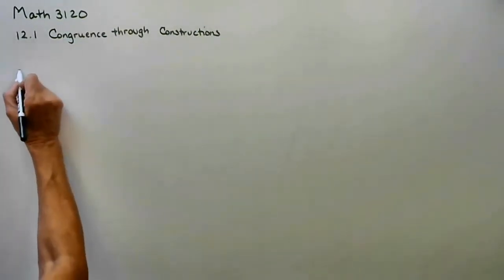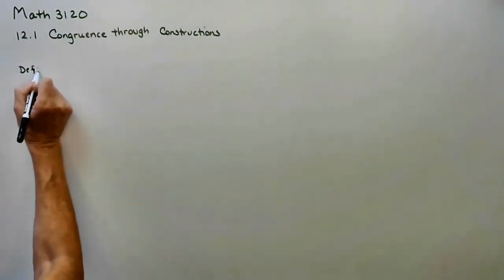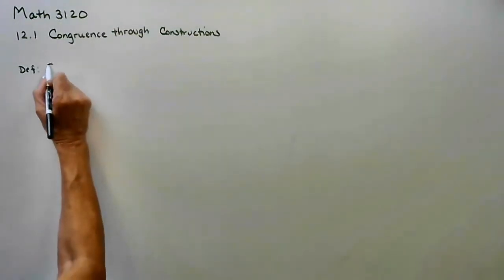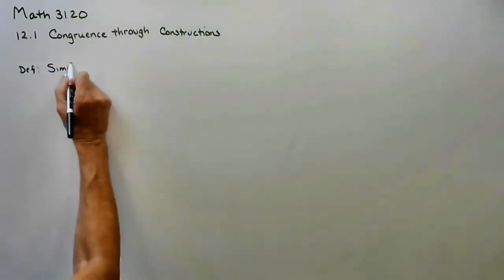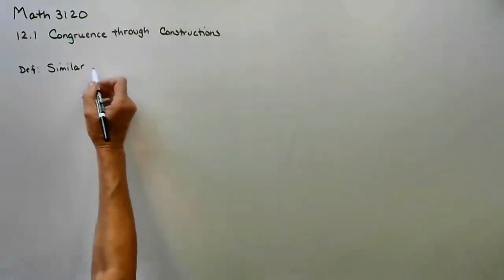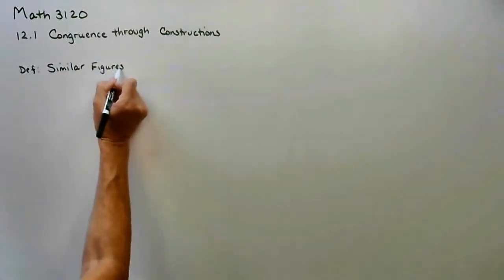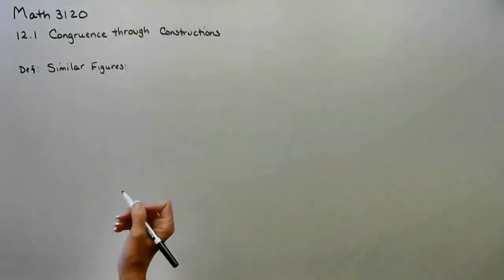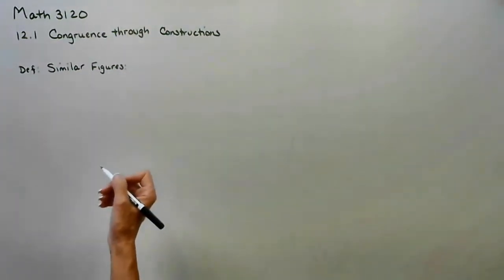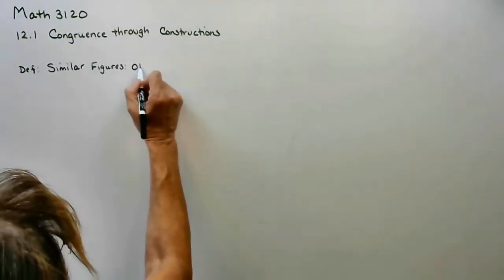when we take a look, two different definitions I want to start off with. The definition of similar, meaning like similar figures, okay? Similar objects, similar figures. These are objects which have the same shape, but are not necessarily the same size.